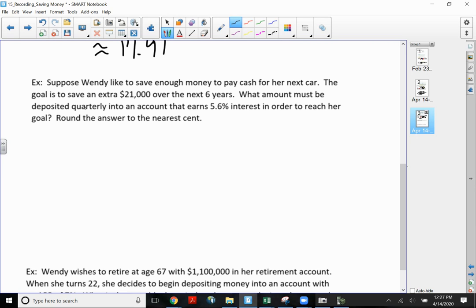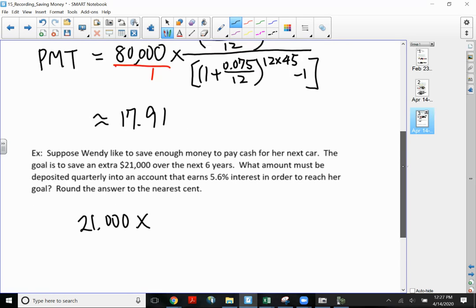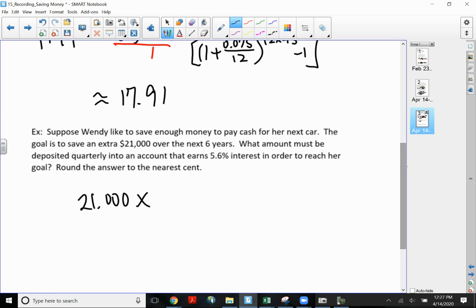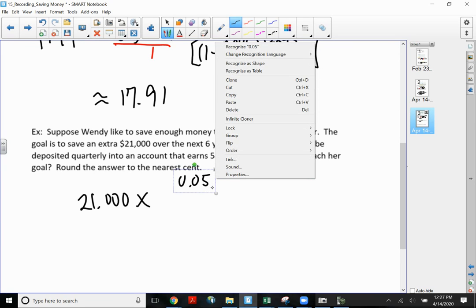So what must be deposited quarterly? All right. So $21,000 times r over n.